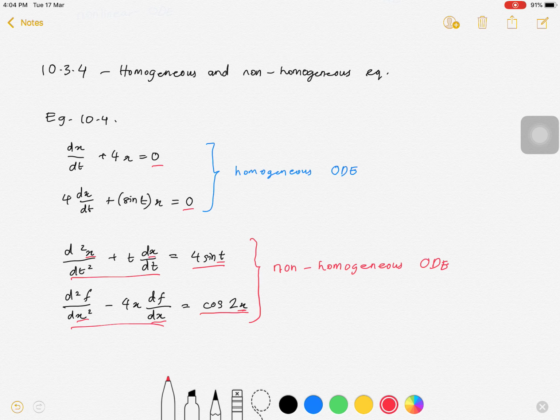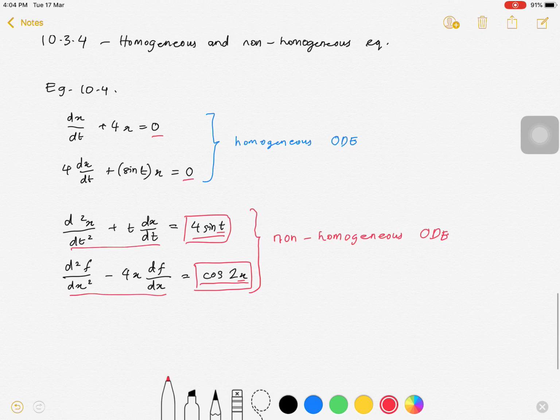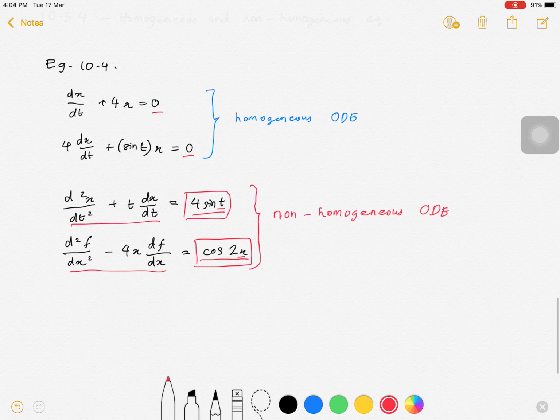The dependent variable should be at the left hand side. Okay, so that's the category.